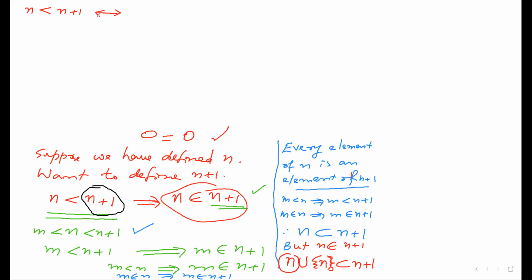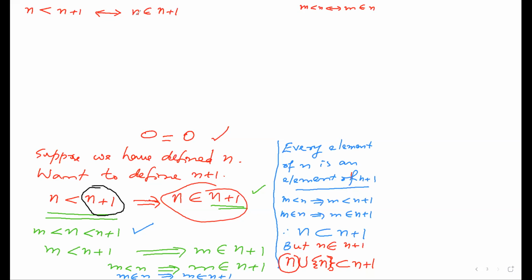Suppose we want it to be reflected, and we say therefore n is contained in n plus 1 because we used that principle 1. Remember the principle 1? M less than n if and only if m is contained in n. Okay? We used that principle here. Principle 1, we used it.